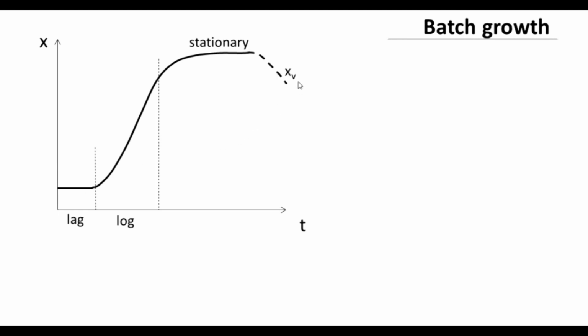And if you plot viable cell concentration, you would also see a death phase where the viable cell concentration goes down. The solid line is the total cell concentration, the dashed line is the viable cell concentration.